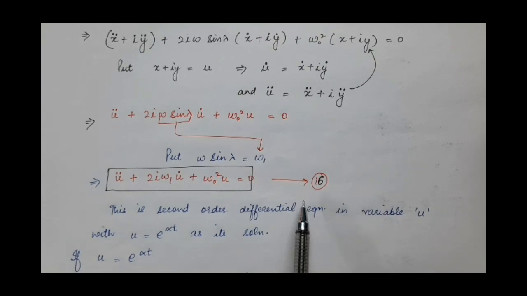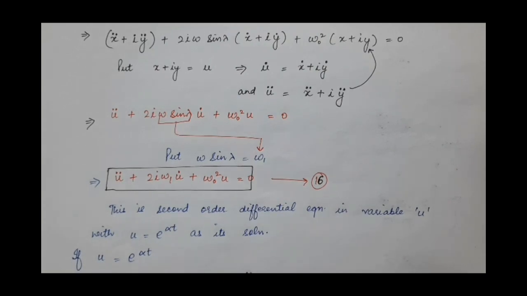So suppose that u is equal to e raised to the power alpha t is the solution of this second order differential equation, just like you do in the case of waves and vibrations. You suppose that this is the solution of the simple harmonic equation. Similarly, we have supposed that this is the solution of this equation.